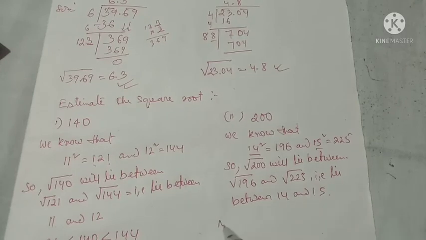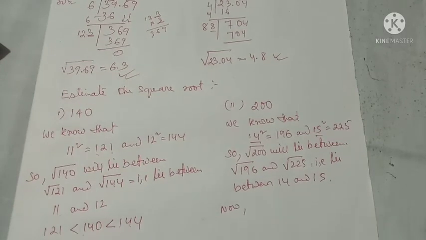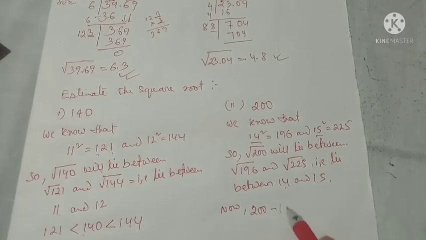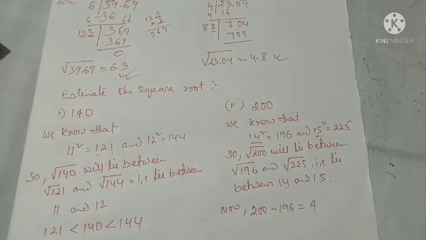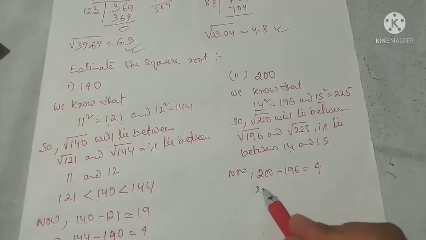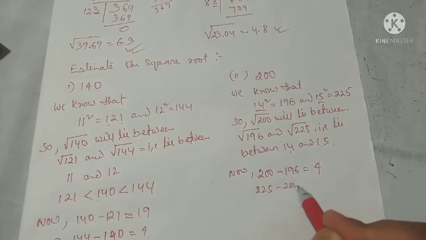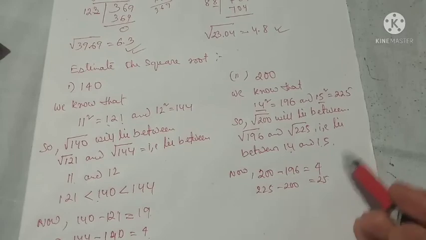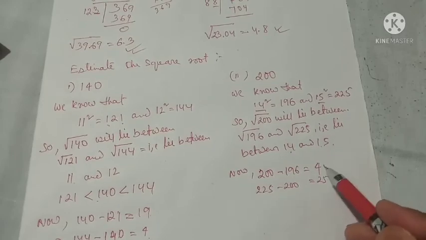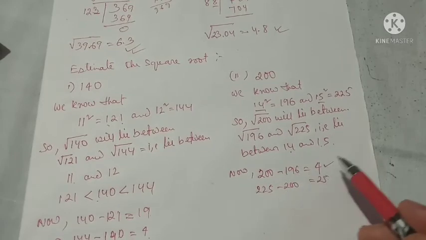Now we subtract: 200 minus 196 is 4, and 225 minus 200 is 25. Which is closer, 4 or 25? That is 4. So the number is closer to 196.